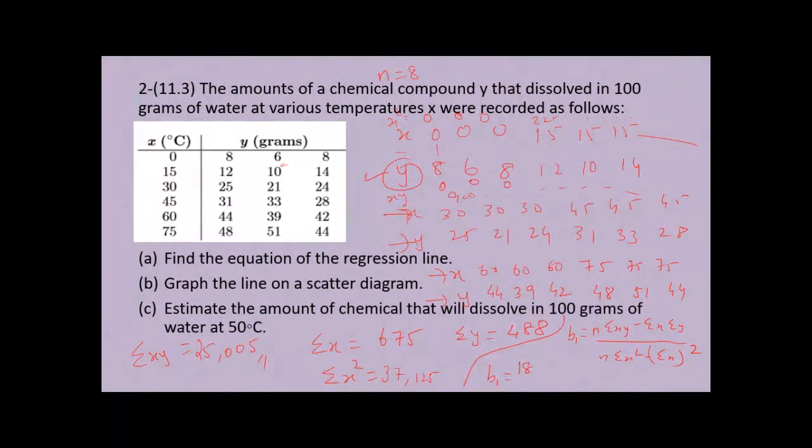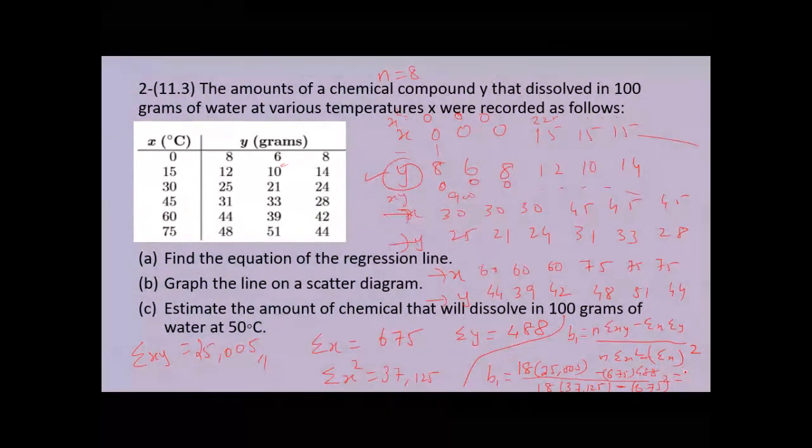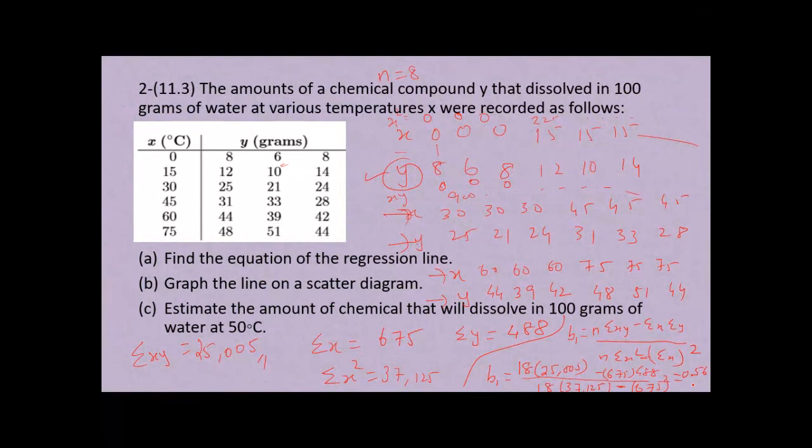Summation xy is 25,005, minus summation x is 675 and summation y is 488, divided by 18 times summation x square, 37,125, minus summation x whole square, 675 whole square. So use calculator. The answer is 0.5676.